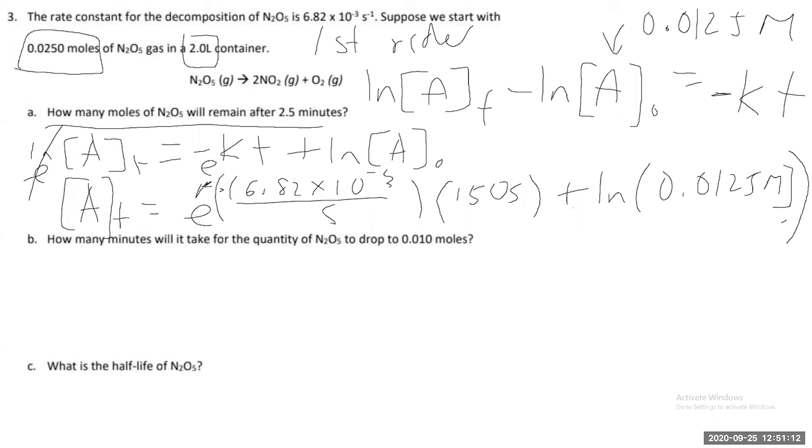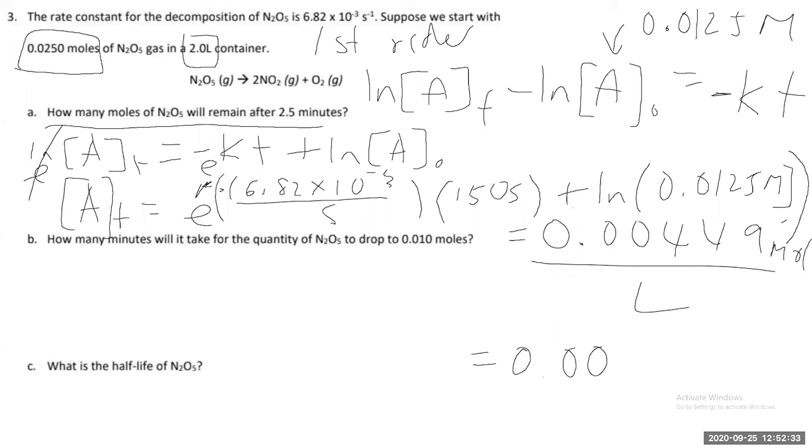So that's going to be e to the negative 6.82 times 10 to the negative 3 times 150. Remember, that's mole over liter, so all you need to do is multiply that by 2 liters, and that will give you moles of 0.0089878 moles.